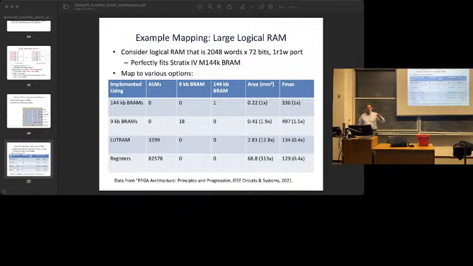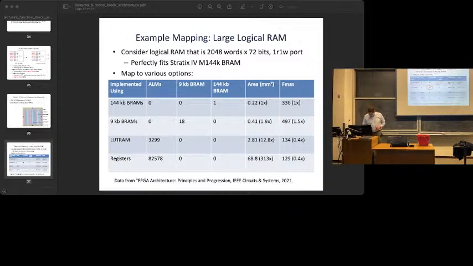Okay, so I could also take that same RAM and map it to 9 kilobit RAMs, and it actually needs 18 of them. I don't need any extra logic because I'm just going to put them in a fairly deep and narrow mode. They each provide 4 bits of data, and I just put a bunch of them in parallel. So no extra logic.